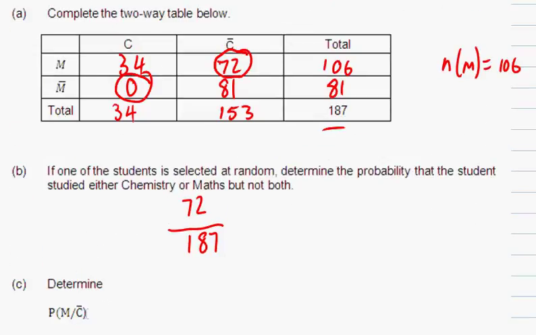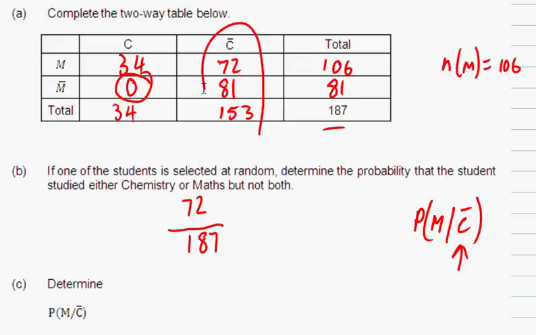which is this probability that maths given not chemistry. Now this little thing here, probability of maths given not chemistry. Now this given not chemistry changes what we know about the probability. It changes the sample space, what it's out of. It's going to only be out of our not chemistries.